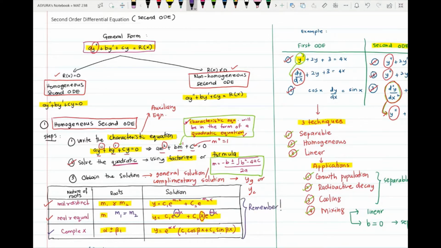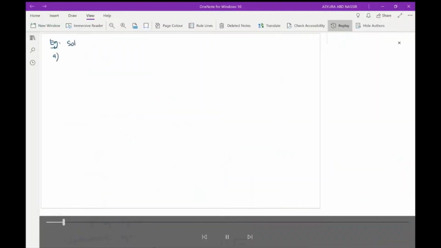So the first example: solve the following second order differential equation. A, we have y double prime plus 5y prime plus 6y equals 0. The first step is to start with your characteristic equation.